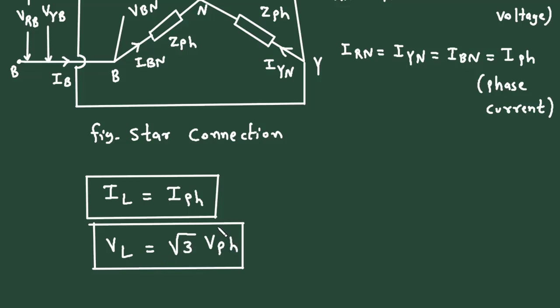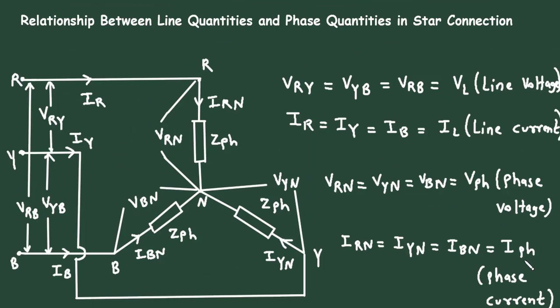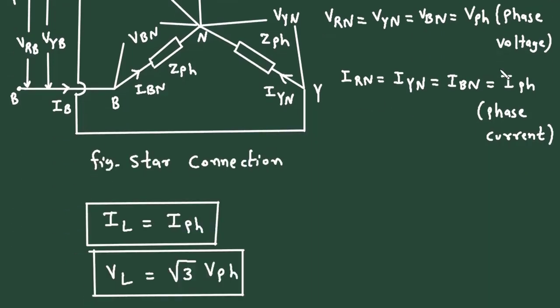So this is the relationship between line current and phase current and line voltage and phase voltage in case of star connection. So this is about the relationship between line quantities and phase quantities in star connection.